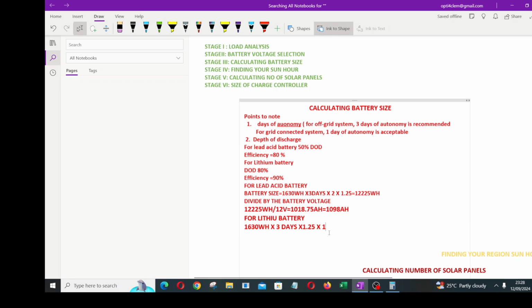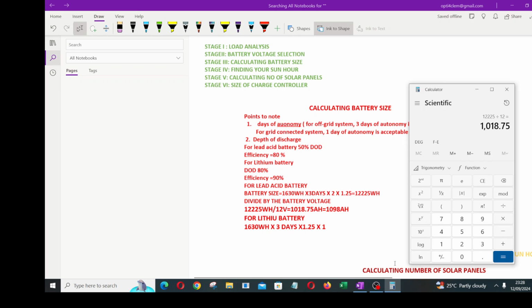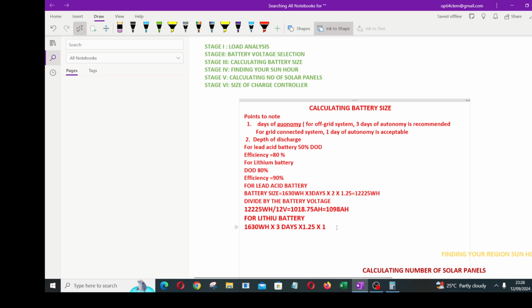So 1630 multiply by 3 multiply by 1.25 multiply by 1 will be 6112.5, which is approximately 6113 watt hour.